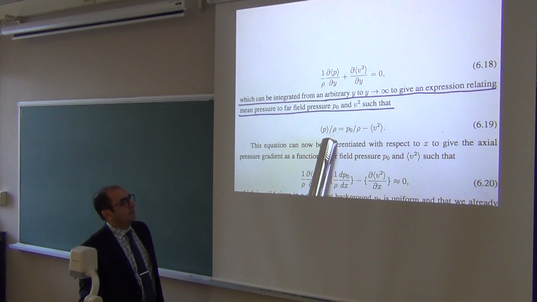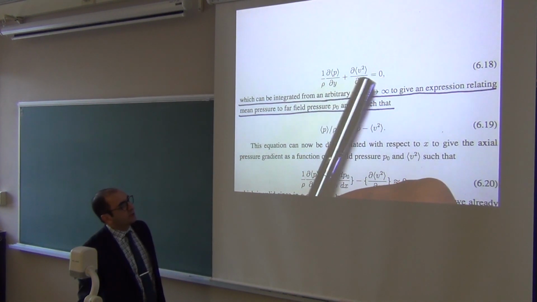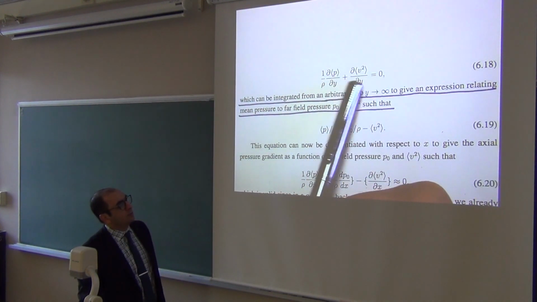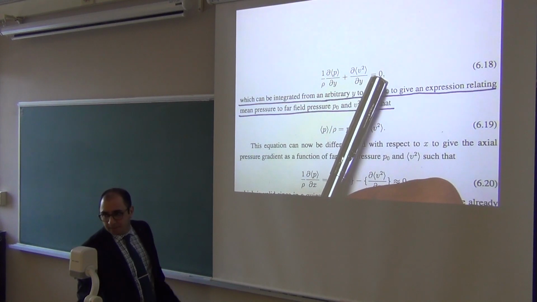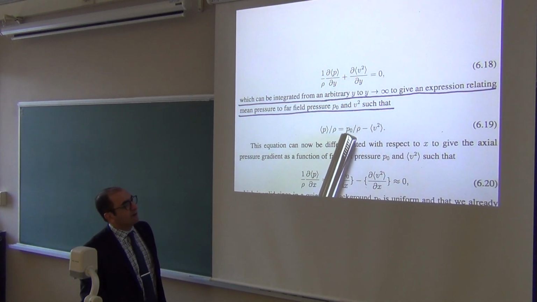You get this. It shouldn't be too difficult because this is just an ordinary differential equation. The derivative of something is equal to 0, so that something should be a constant. It's as simple as that sounds. And the constant is the background pressure.